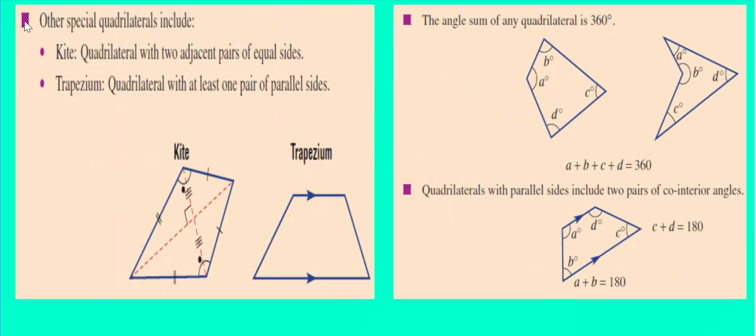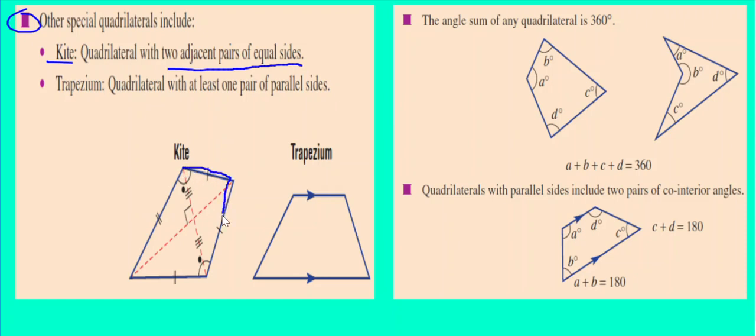Other special quadrilaterals that we have are kites. I did mention that before, and kites are a little different to a rhombus in that the diagonals and lengths of the sides are different. A kite is a quadrilateral with two adjacent pairs of equal sides.